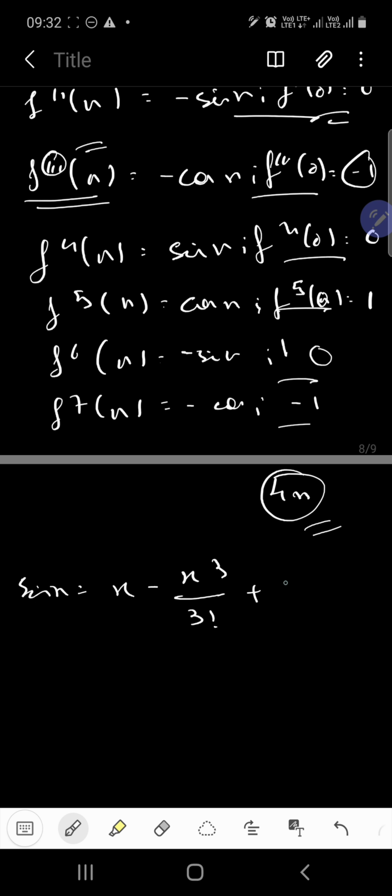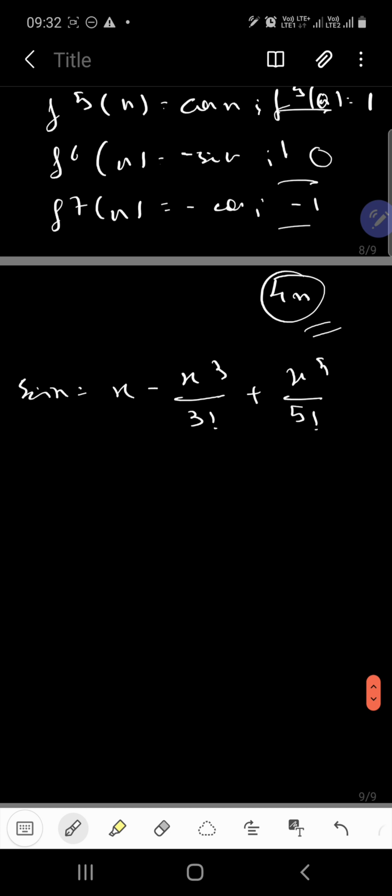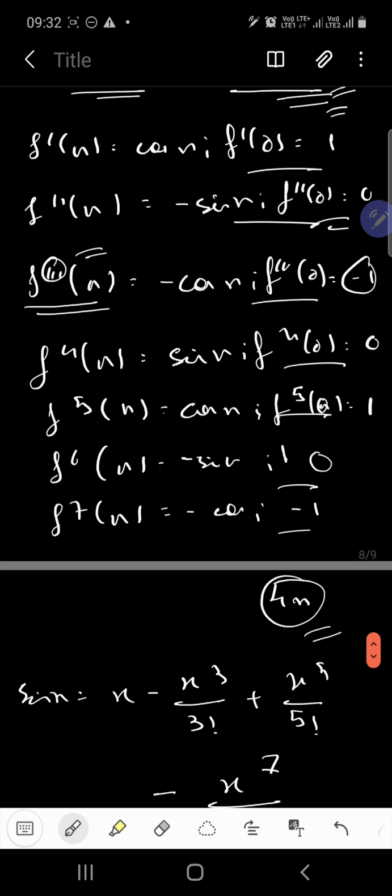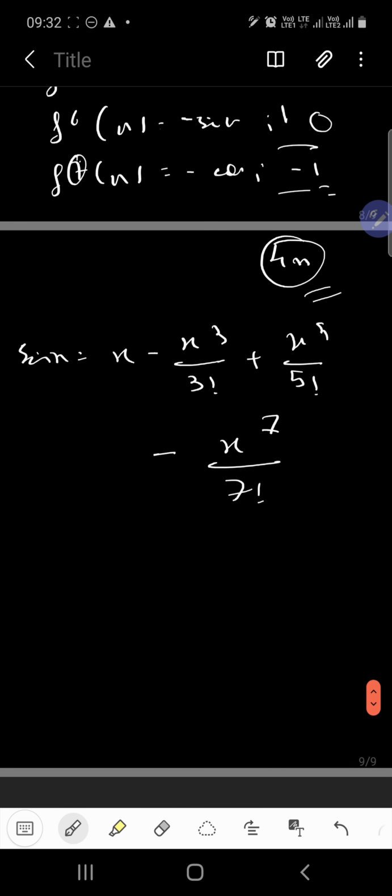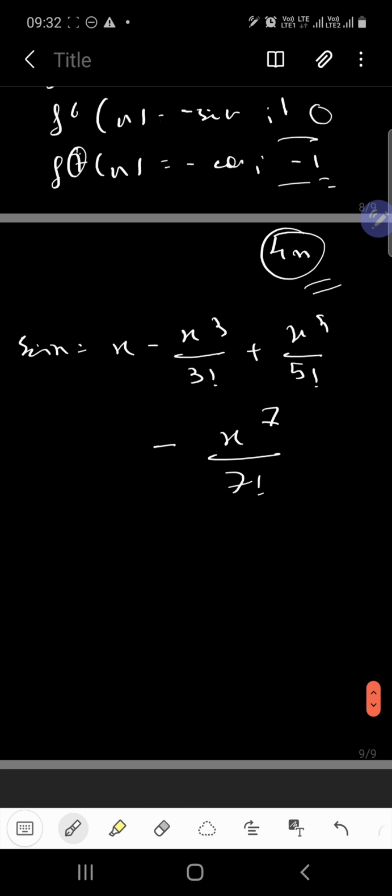Then plus a 0, and then x to the power 5 over 5 factorial. Then minus x to the power 7 over 7 factorial. From here we have also seen one more thing, that every odd derivative has a negative sign. Got it?